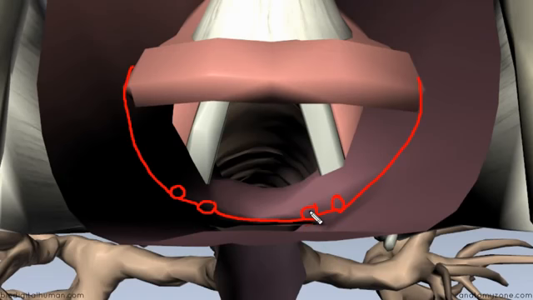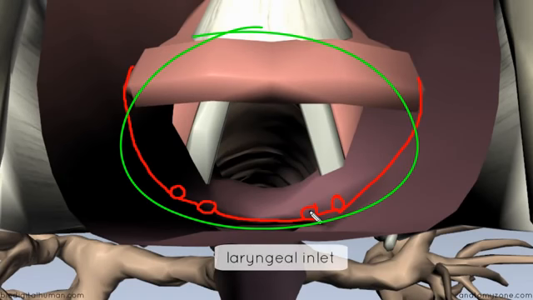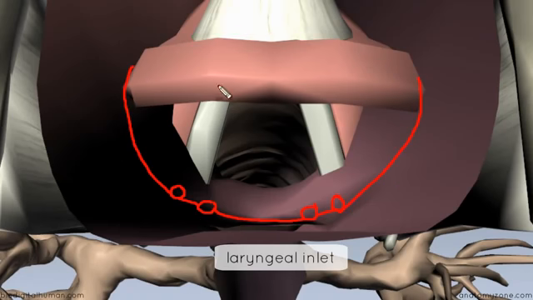So what we're looking at here is the laryngeal inlet. So this is the entrance to the larynx. So anteriorly we've got this mucosa lining the superior aspect of the epiglottis, and then laterally we've got these aryepiglottic folds which I've just told you about. And then you've got these two tubercles which mark the cartilages which you know about.